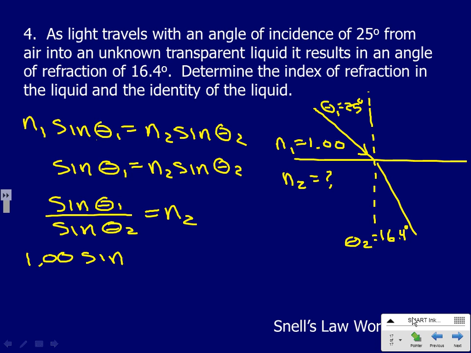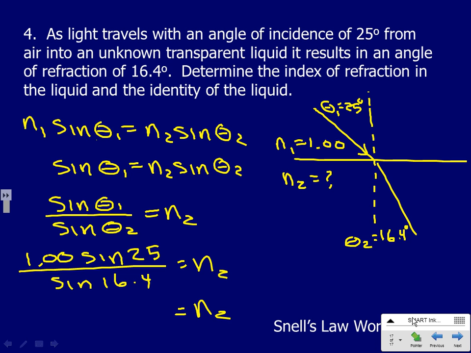1.00 times sine of 25 over the sine of 16.4 equals N2. Megan has a question. No, if you want to put in the N1, please do so.